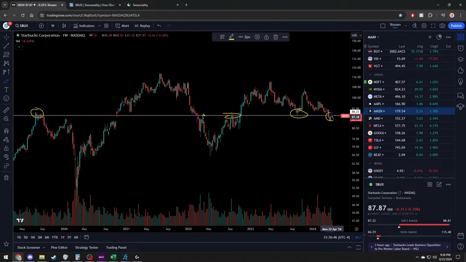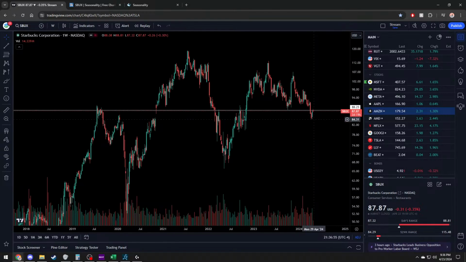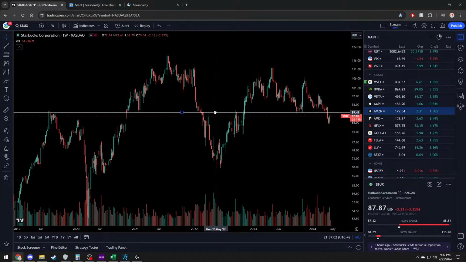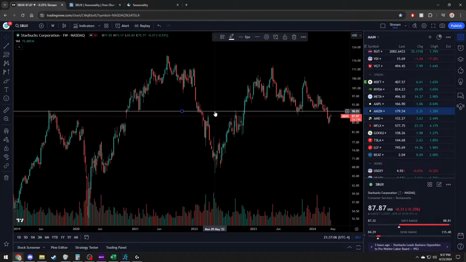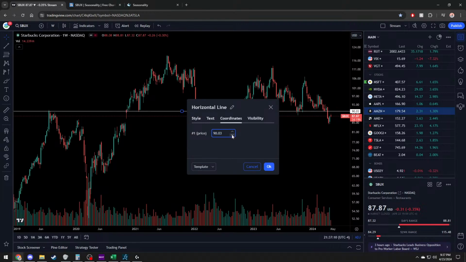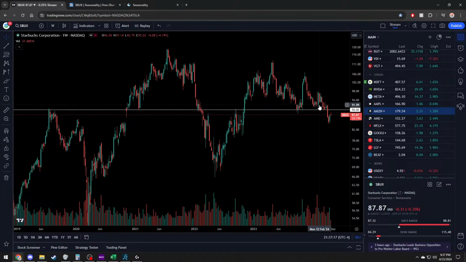We broke through, but we're trying to hold. So this $88 level could be a good buy. Could argue it's already broken. If you brought this up to like 90, I like to use whole numbers on the levels too, because there's usually psychology behind it. $90. I think that's the correct level to be looking at here. We technically broke it already.